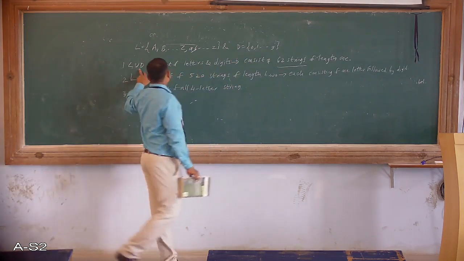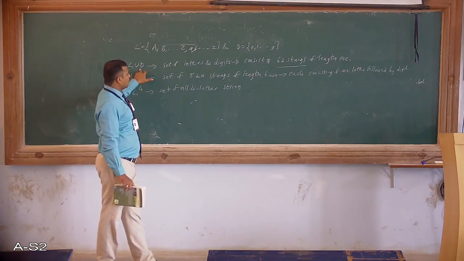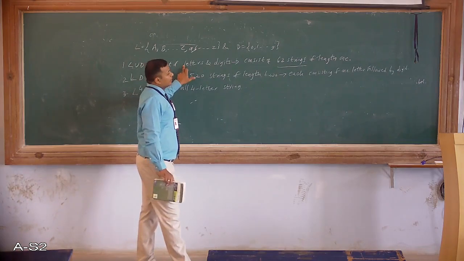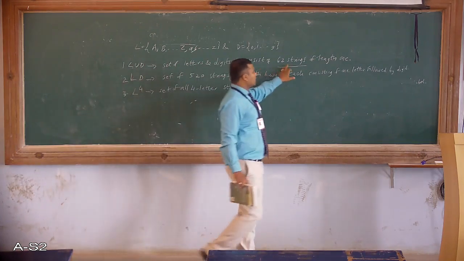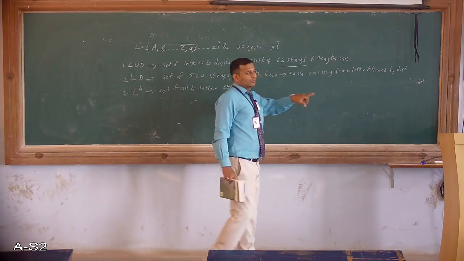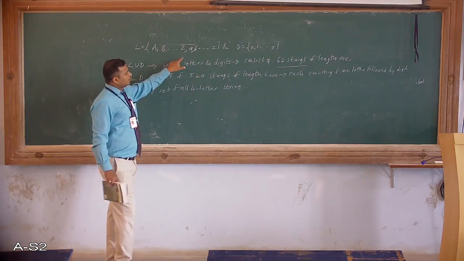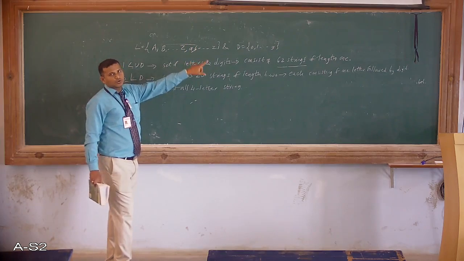Then L union D results in a set of letters and digits, consisting of 62 strings of length 1: A to Z, a to z, and digits from 0 to 9.